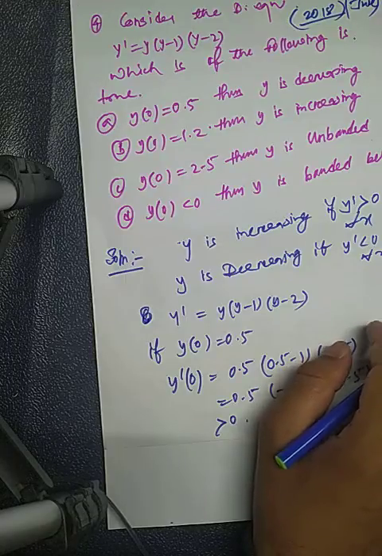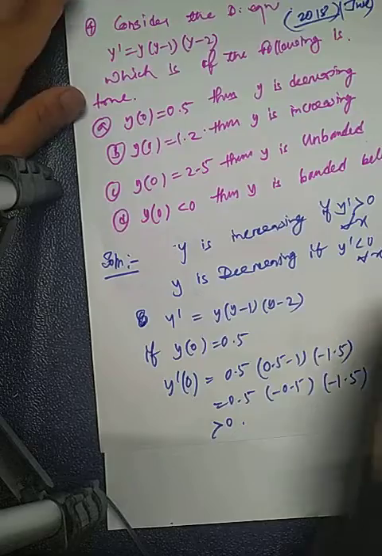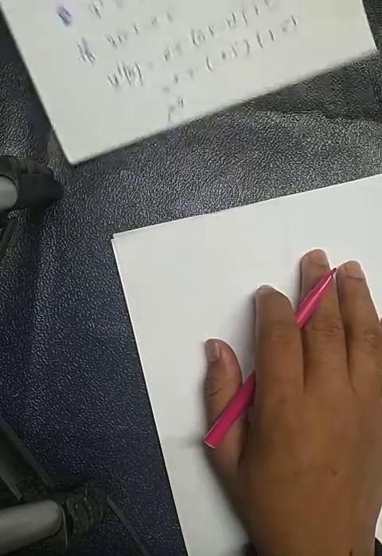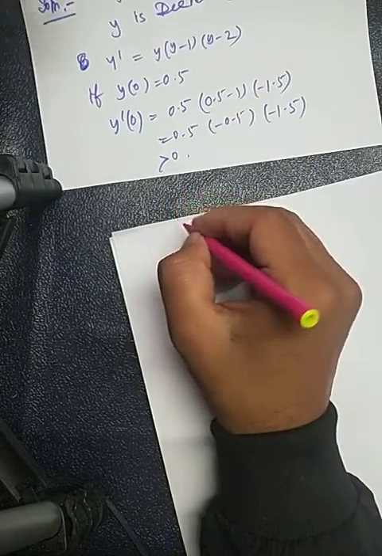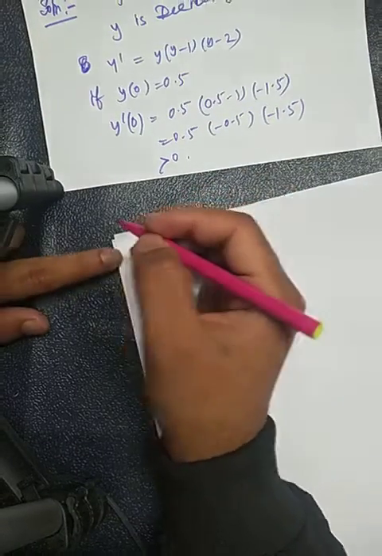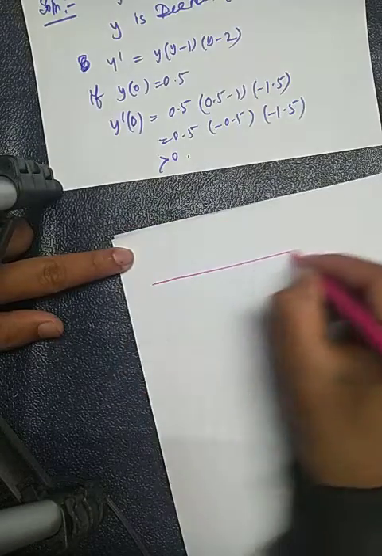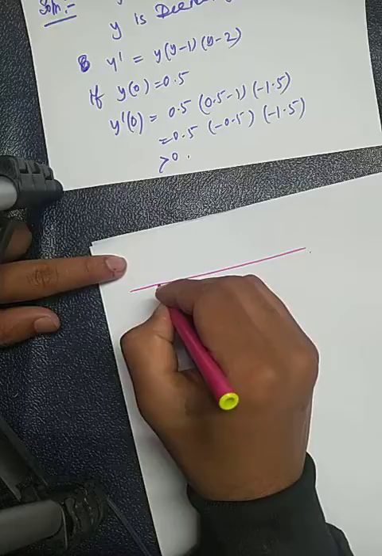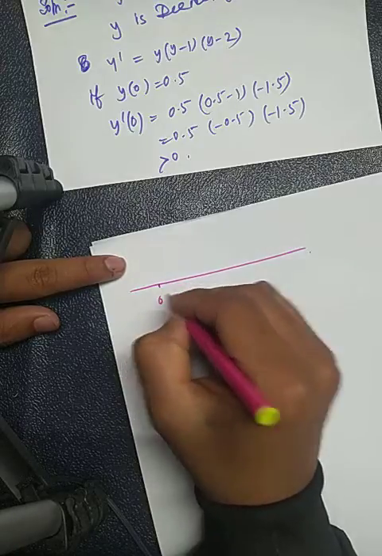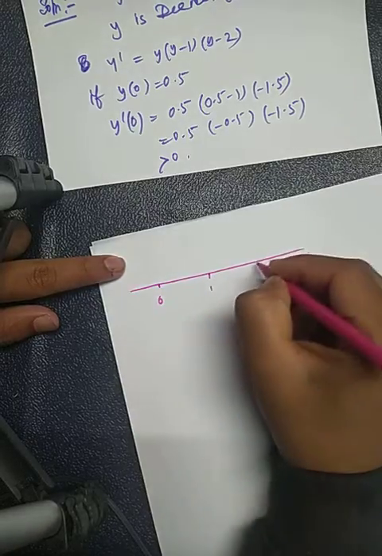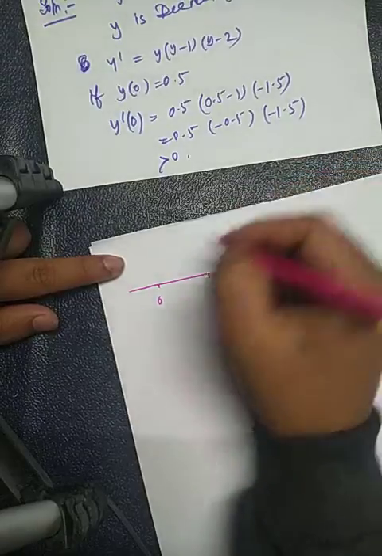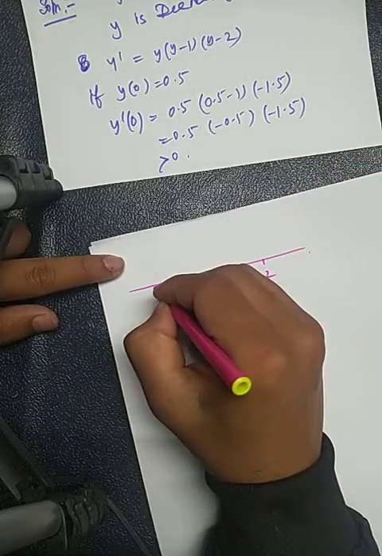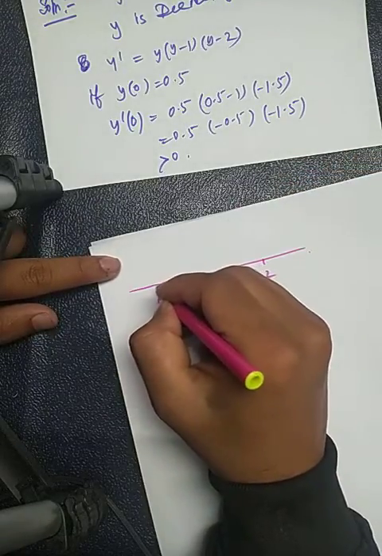So here comes the concept of the so-called phase curve. Say we try to draw this one. That one is 0, that one is 1 and that one is 2. So y of 0 is equal to 0.5, so it is positive.